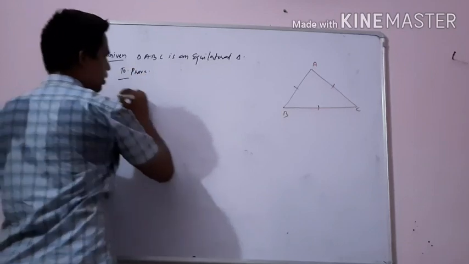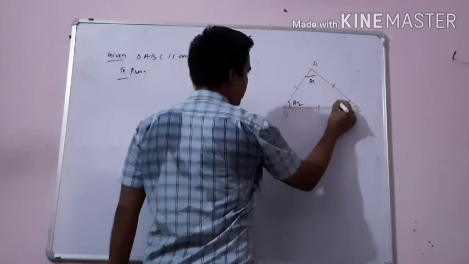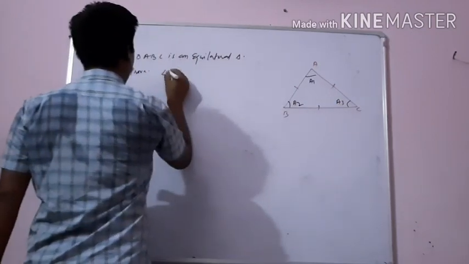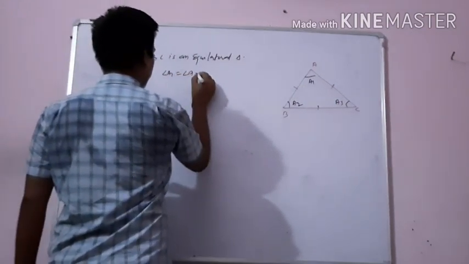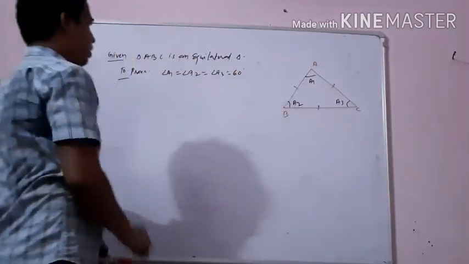To prove: angle A1 equals A2 equals A3 equals 60 degrees.